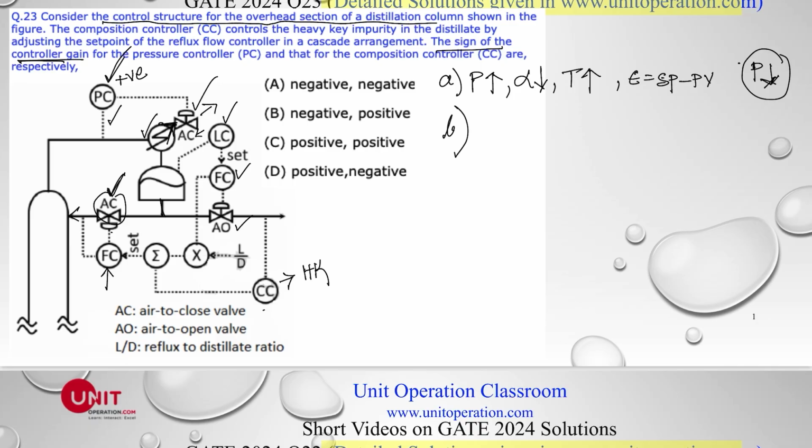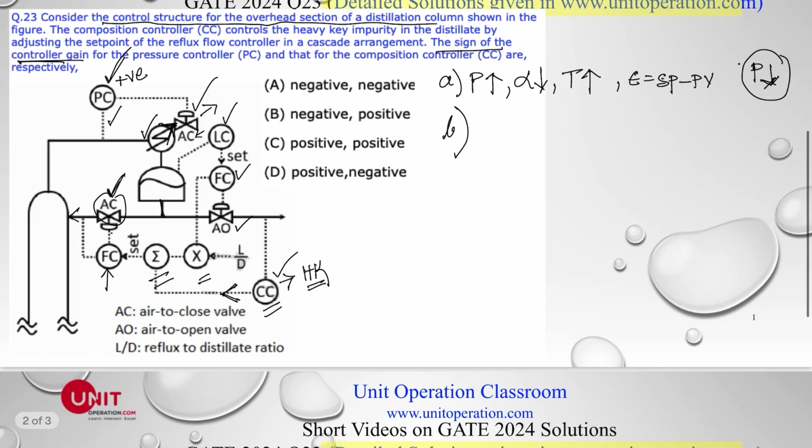Let's look at this composition controller, where of course we have this ratio block and the sigma node right here. This measures the composition of the heavy key. If the impurity in the distillate increases, that means the heavy key increases, it will send a signal to this summation here, so it will adjust the set point.